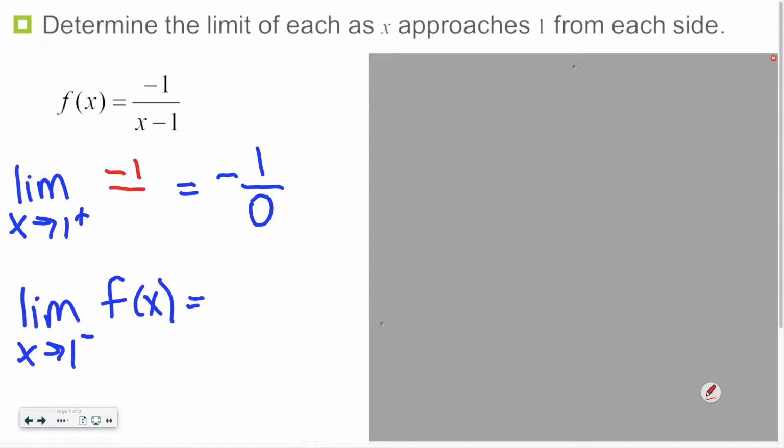If I take values to the right of 1 and I plug them into our denominator, what sort of values would we have? Positive or negative?